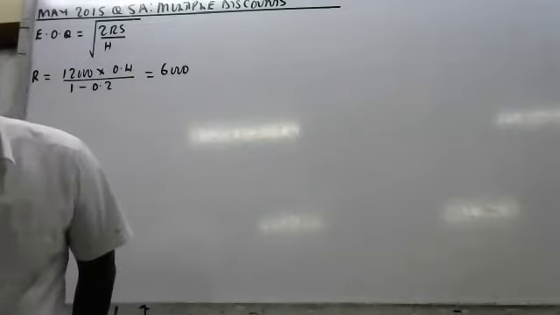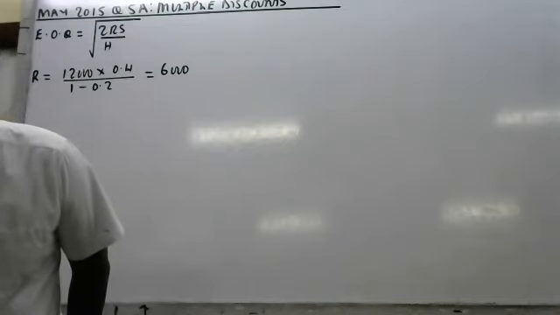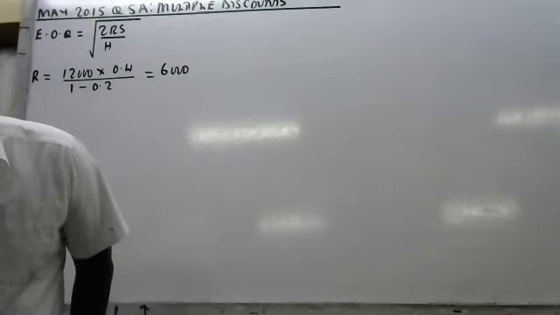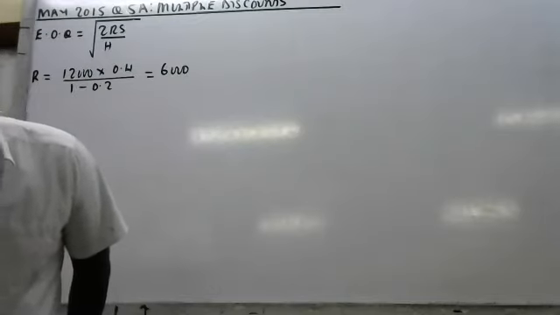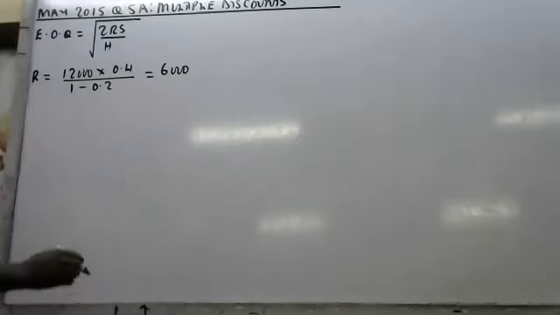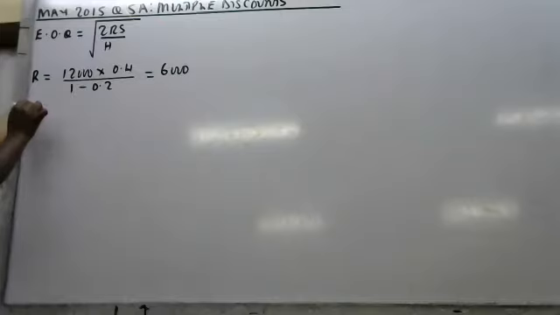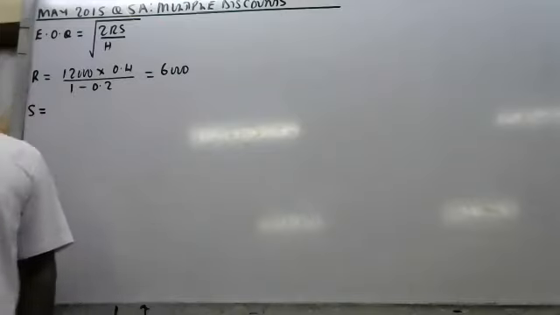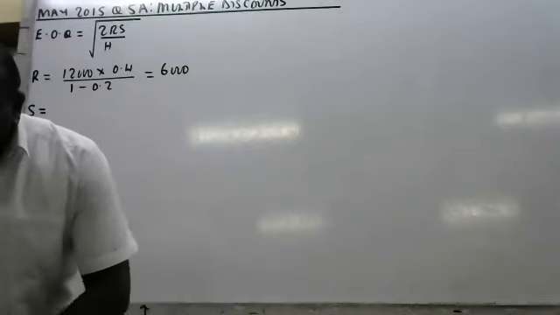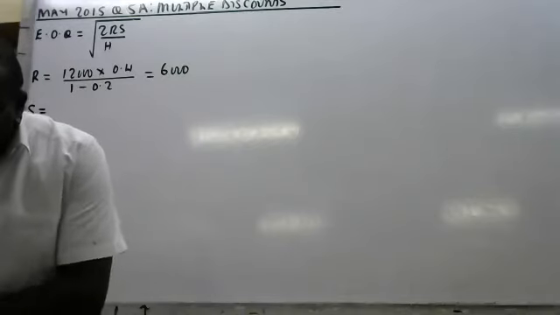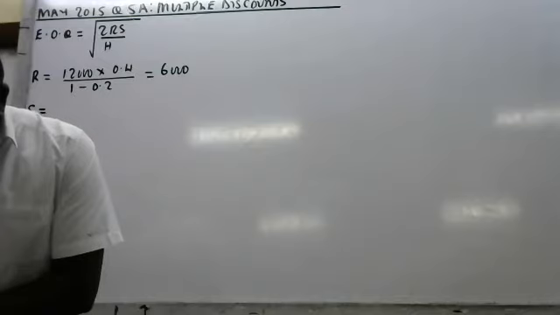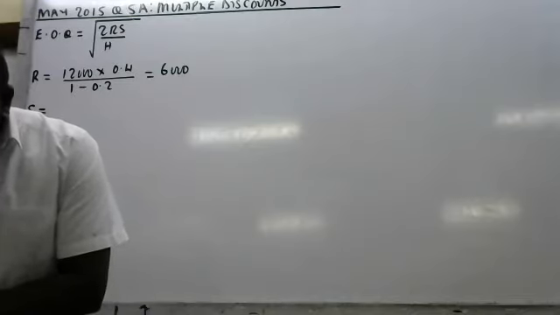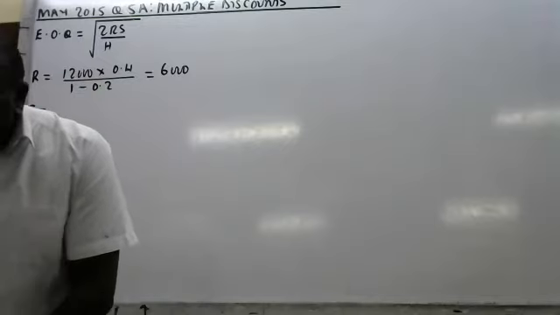The other thing is the ordering costs. That is S. The ordering costs we are going to get from additional information 1, which says the cost of placing and ordering each order is 90, of which 40 is an apportionment of costs which are not expected to be affected in the short term by the number of orders placed.